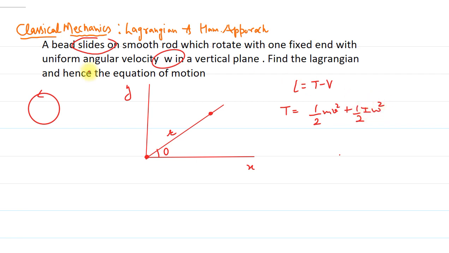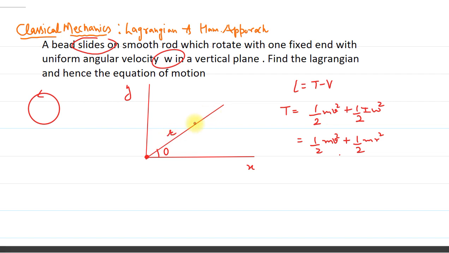It is rotating with uniform angular velocity omega in this vertical plane. In place of I we can write m r square, where this is our bead at position r.